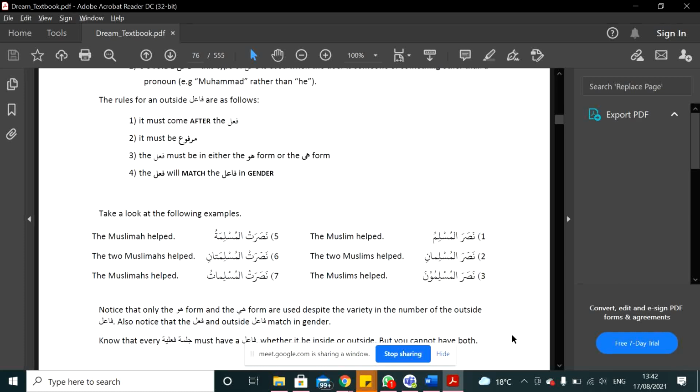The Muslim is singular and masculine. So what kind of verb do we use here? We use the singular masculine third person, which is Nasara. So it will be Nasara al-Muslimu, which means the Muslim helped. Now we will not say he helped, now we will say the Muslim helped. Get it?